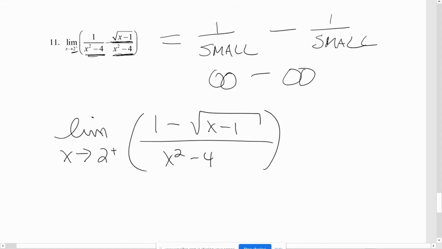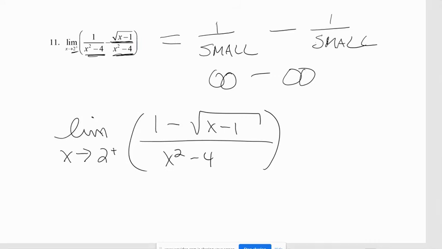Okay, so if you did substitution here, you would get 1 minus 1, so 0 on top, and you get 0 over 0. So you could do L'Hopital's on this if you wanted to, and it would work.